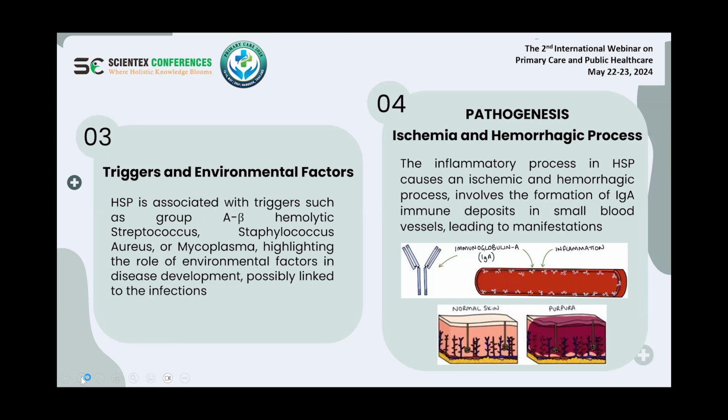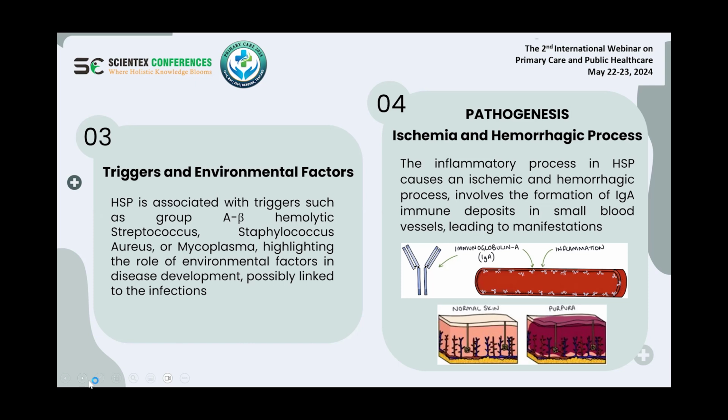Then we move to the etiology. The trigger of HSP remains unknown, but some researchers found a connection between HSP and infection. 50% of HSP patients have a history of acute upper respiratory infection, with the most common causes being, first, group A beta hemolytic streptococcus; second, Staphylococcus aureus and Mycoplasma.